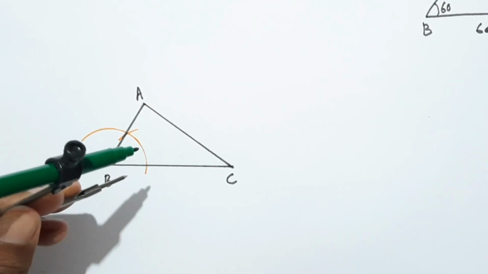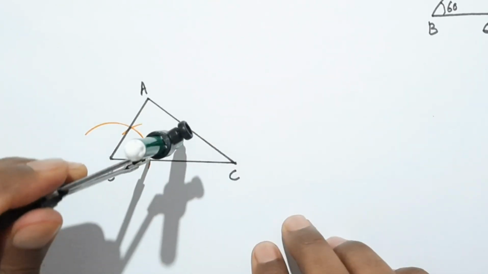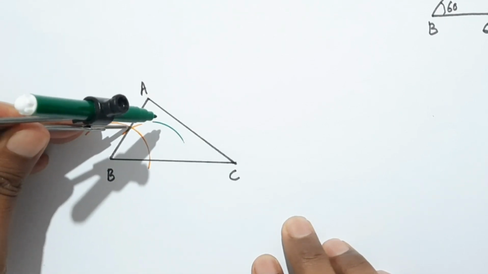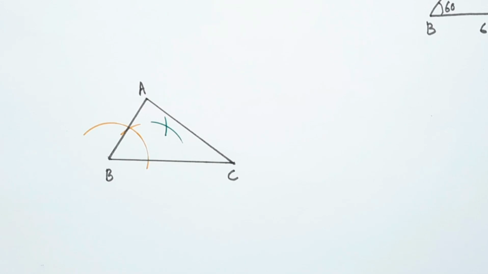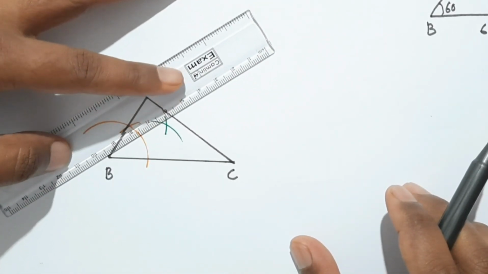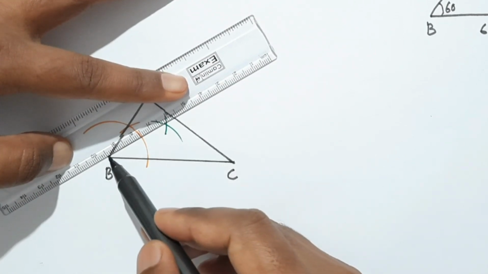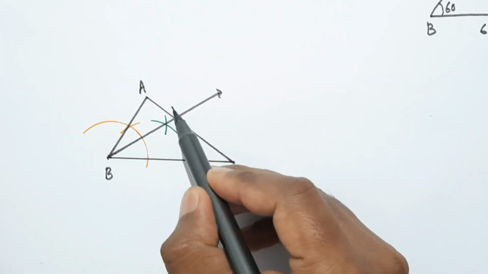So now I start from here, let us make one arc here, and another from this point to cut this arc. So this is our angle bisector of angle ABC. That is the locus which is equidistant from AB and BC. Let this point be D.